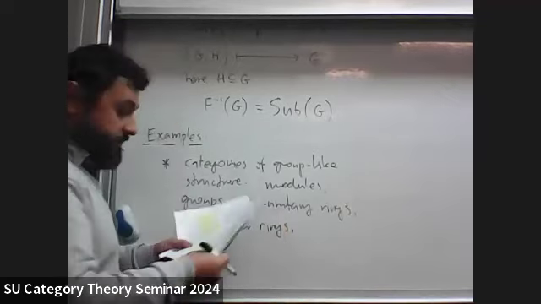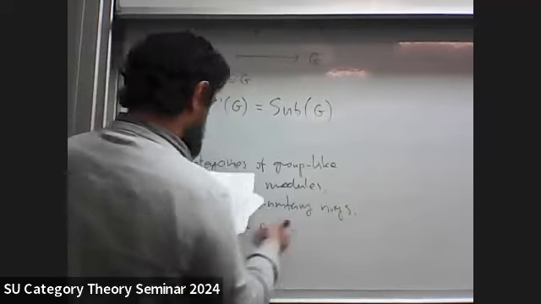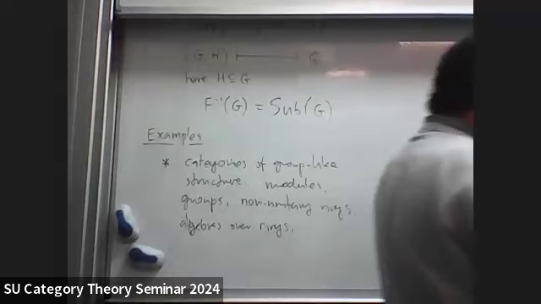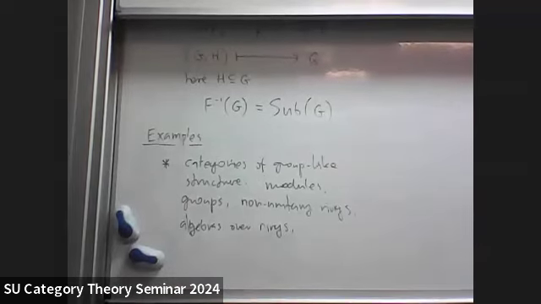The list goes on. It includes Lie algebras, Boolean algebras, Heyting semilattices, crossed modules, compact Hausdorff groups, co-commutative Hopf algebras over a field, and so on. So this is one class of examples.